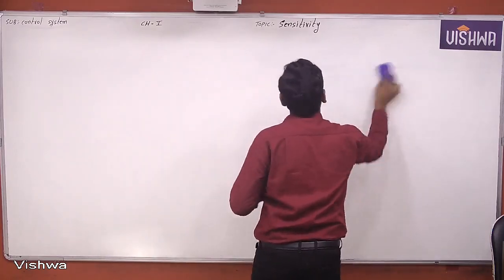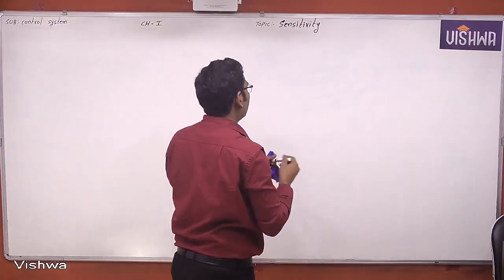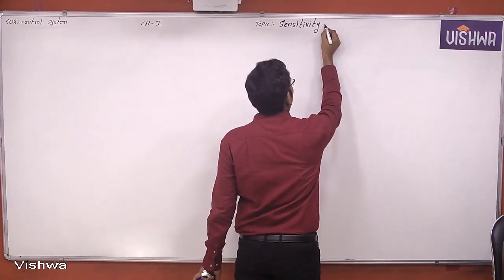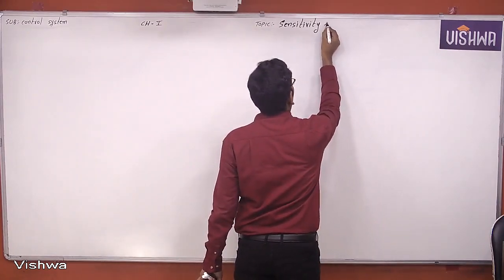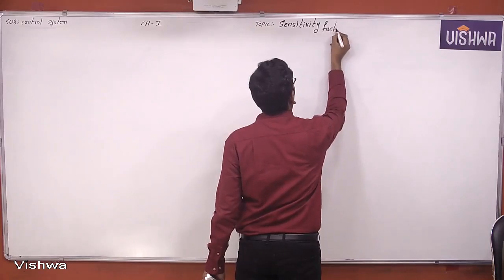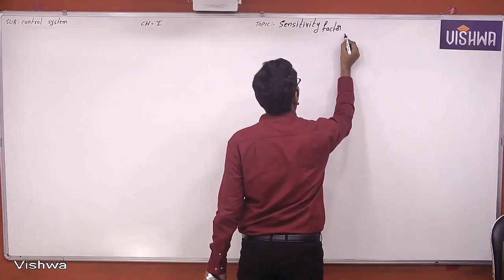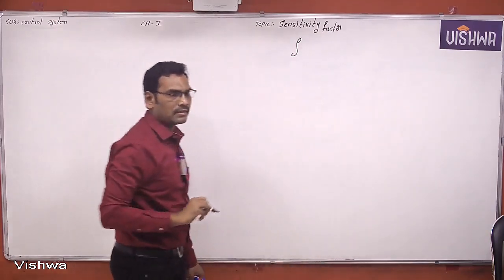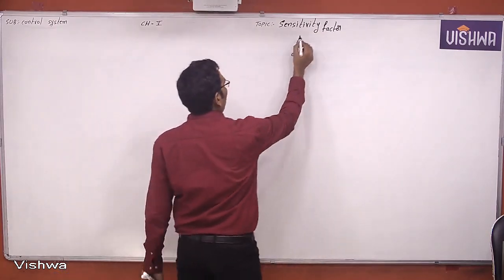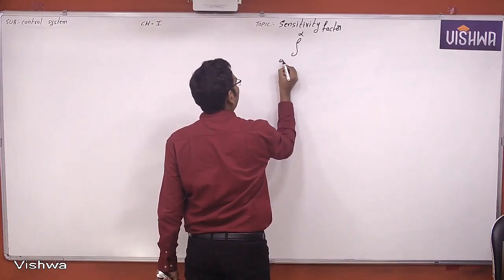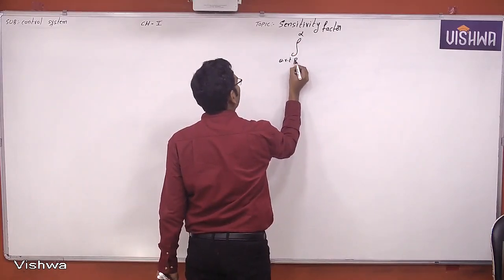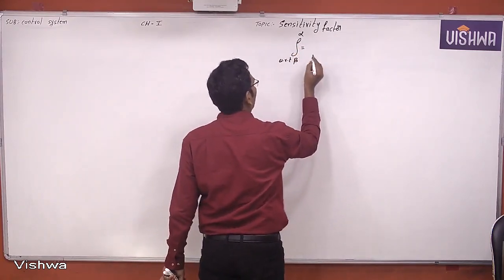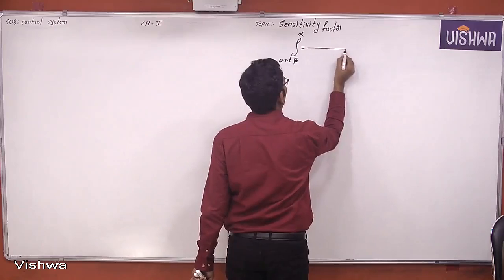Now see here, this is the sensitivity factor denoted by S, alpha with respect to beta. So this is the notation.